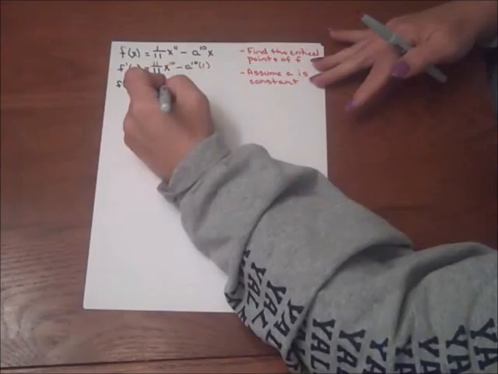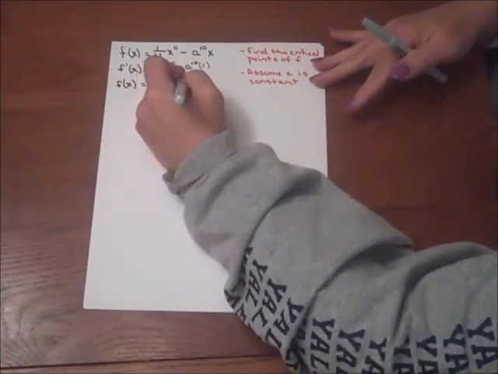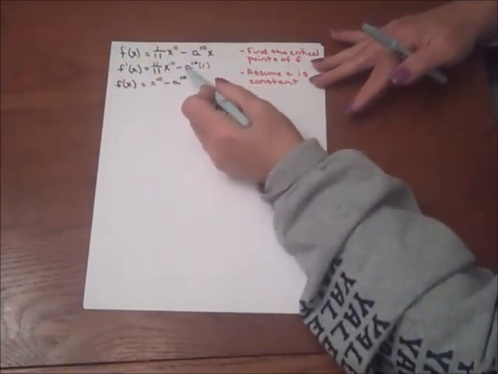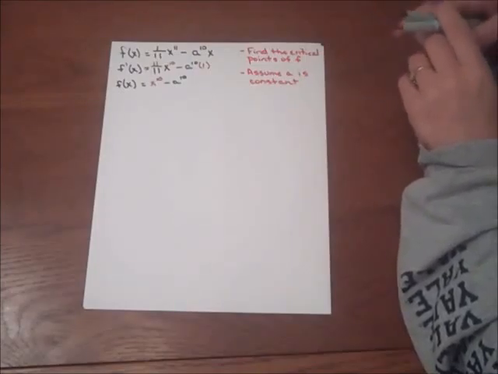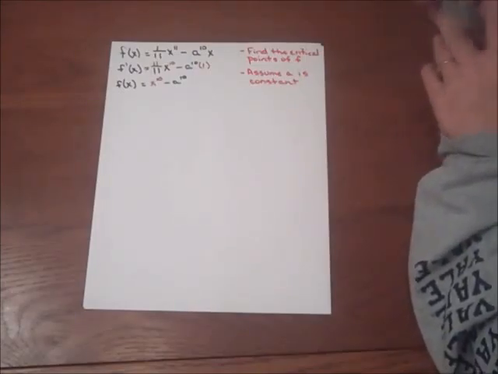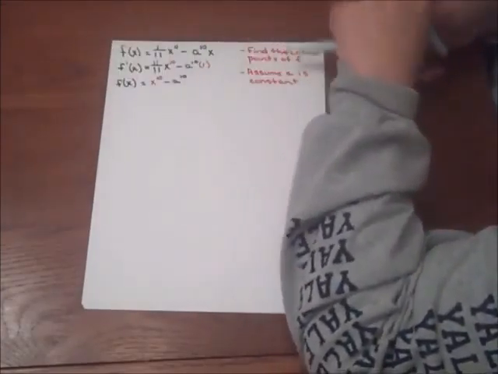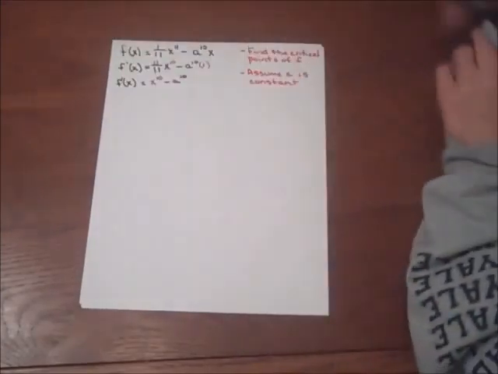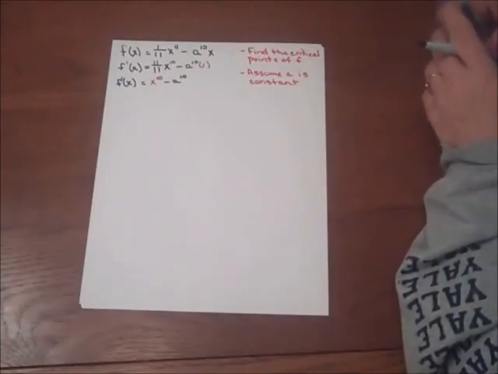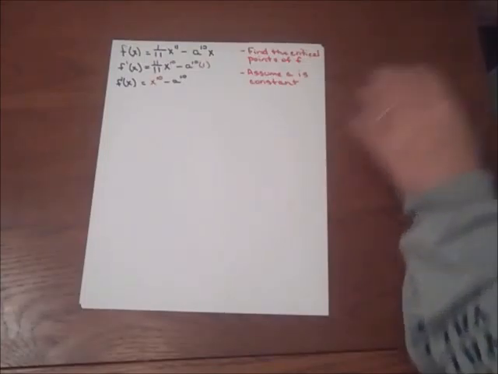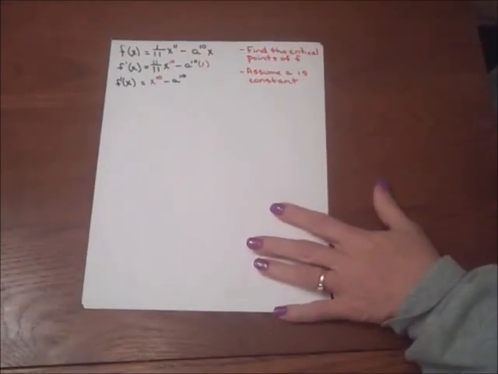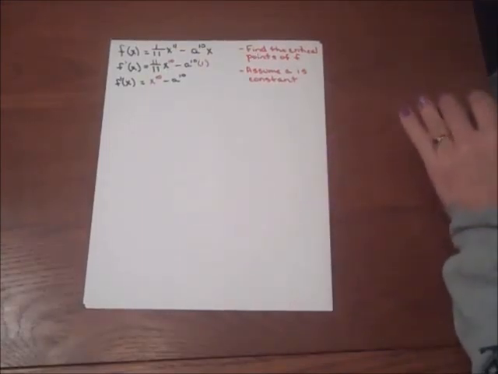We have minus a to the 10th. That still hasn't changed because 1 times a to the 10th is a to the 10th. Okay, now we have, I almost forgot my prime. This is f prime of x equals x to the 10th minus a to the 10th. Now we need to set f prime of x to 0 and solve for x.